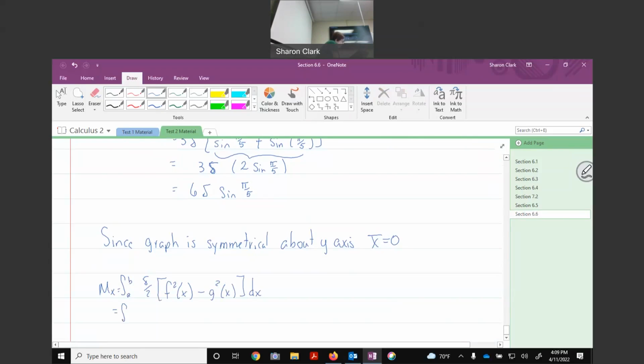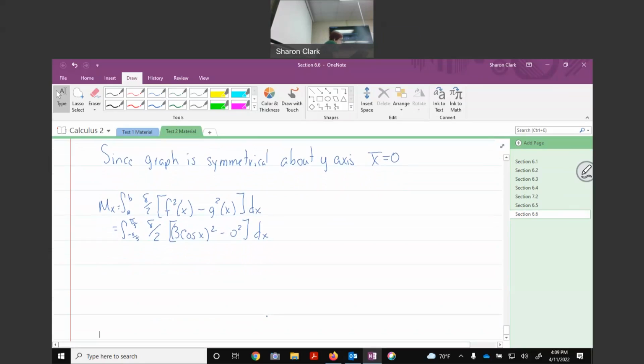So that's the integral from negative pi over 5 to pi over 5, delta over 2 times 3 cosine x squared minus 0 squared dx. So that is delta over 2, negative pi over 5 to pi over 5, 9 cosine squared x dx.